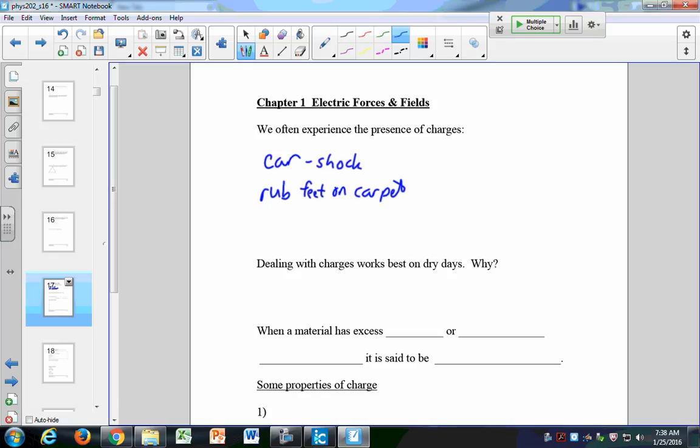Anyway, you go to kiss them, and the charges will build up on your lips because you're poking them out a little bit, and they'll jump across. That's why when you kiss somebody, it shocks them. So that's another way that you can experience charges.